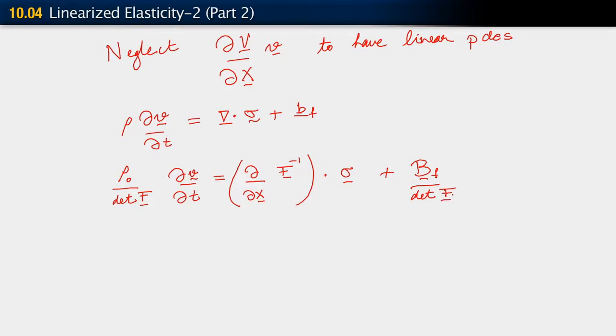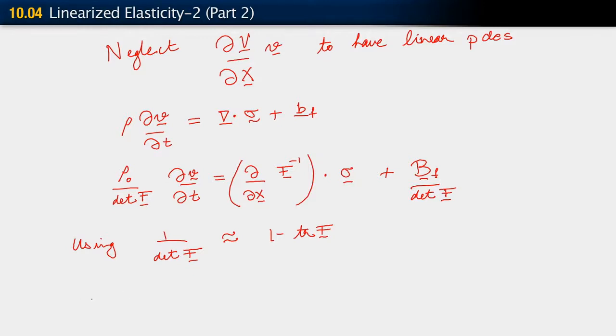Once again, invoking our linearization of the determinant of F, 1 over the determinant of F is approximately 1 minus trace F, where I first expanded the determinant and rewrote the reciprocal of 1 plus x as approximately 1 minus x. So I've got a Taylor series expansion here also, truncated to first order terms.